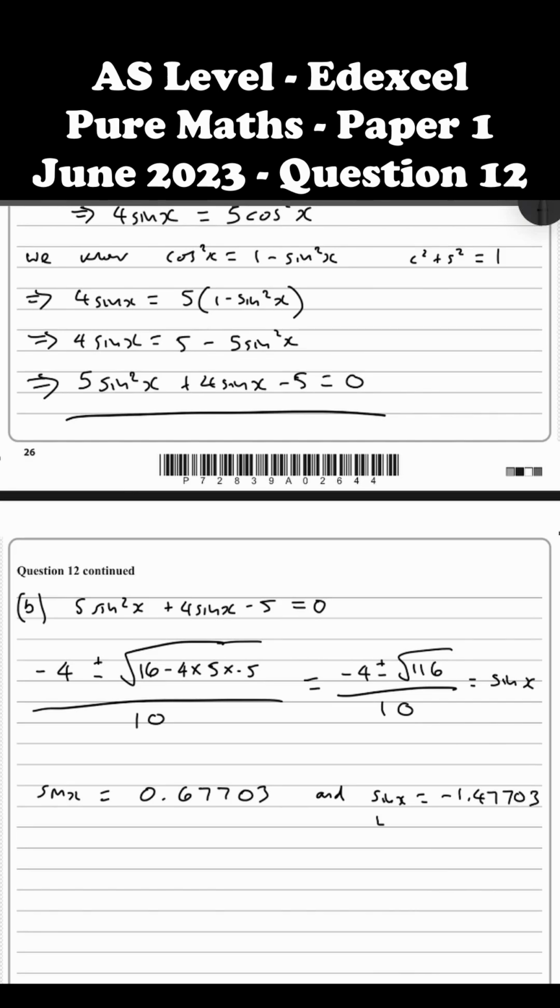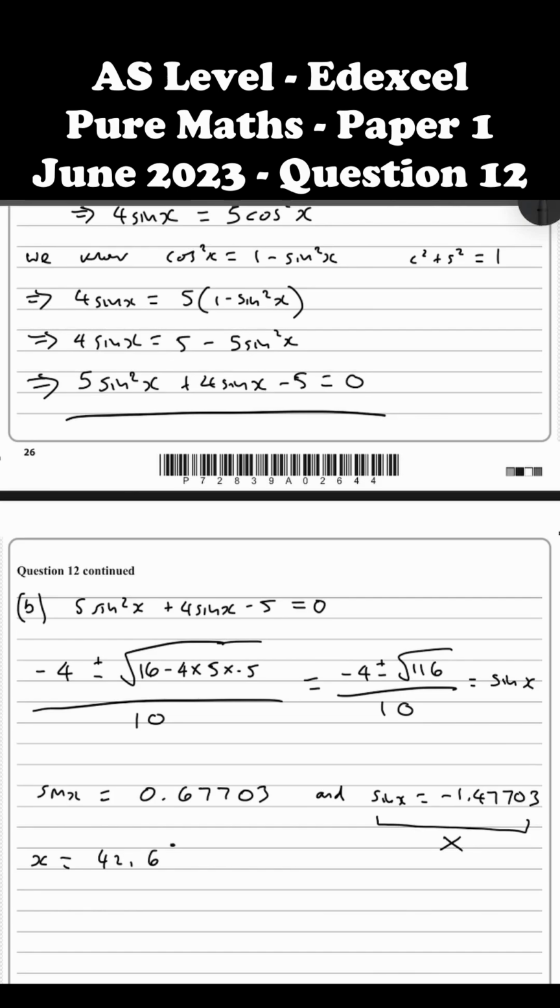So since sine x cannot be that negative, this cannot be a solution. So if we use the other one and we do sine to the minus 1 of 0.67703, we get 42.6 degrees.